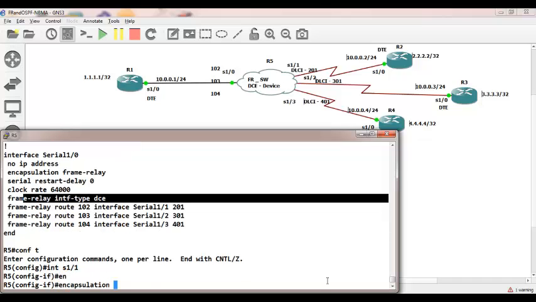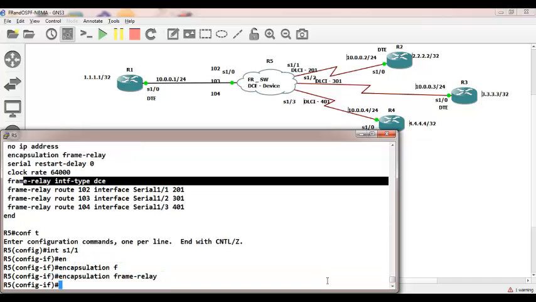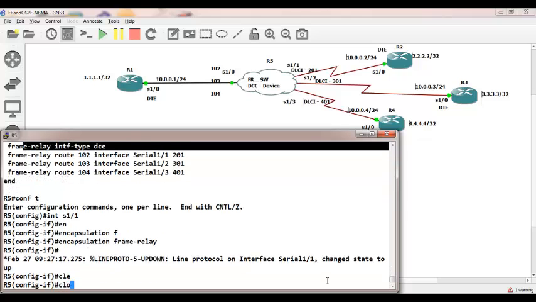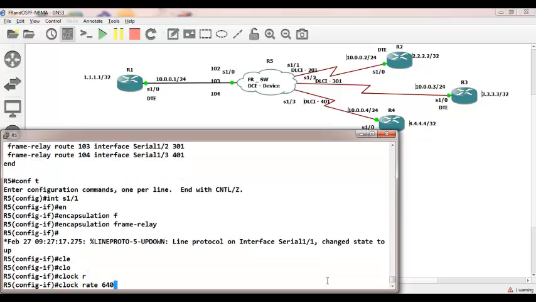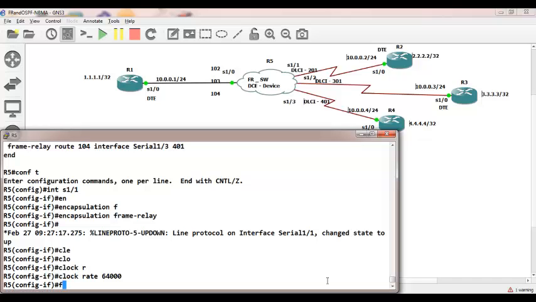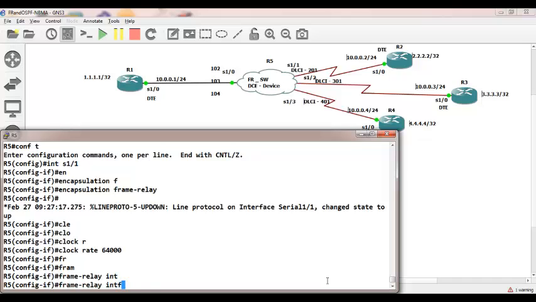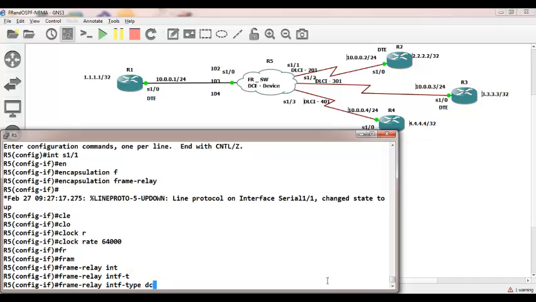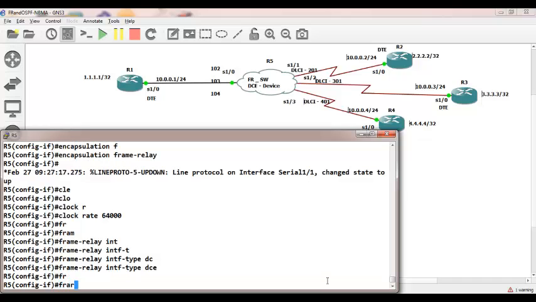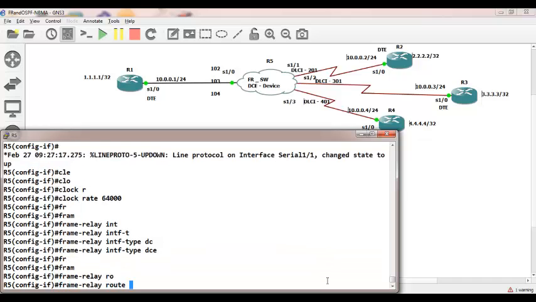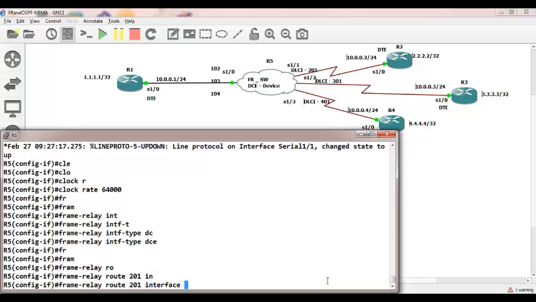Encapsulation frame relay, clock rate 64,000, and then frame relay INTF type DCE, and then frame relay route between 2 to 1. It's like this: frame relay route 201. For that, exit interface is serial 1/0. DLCI number is 102.